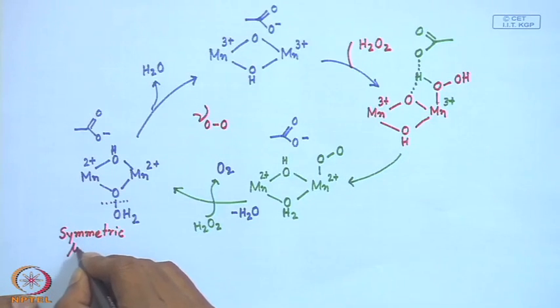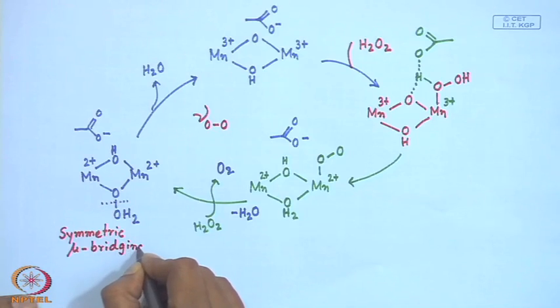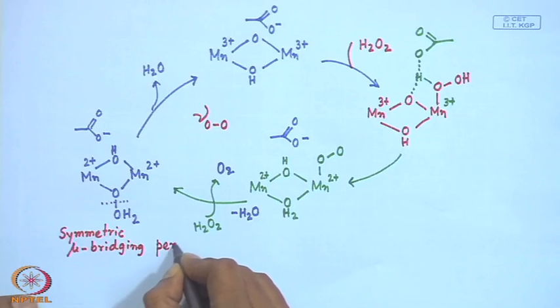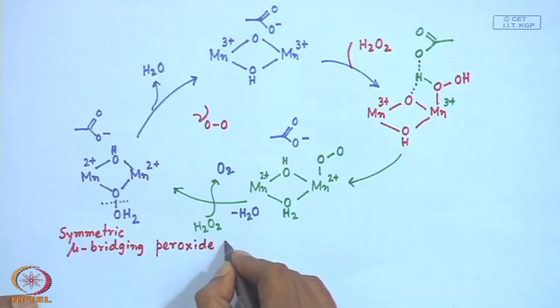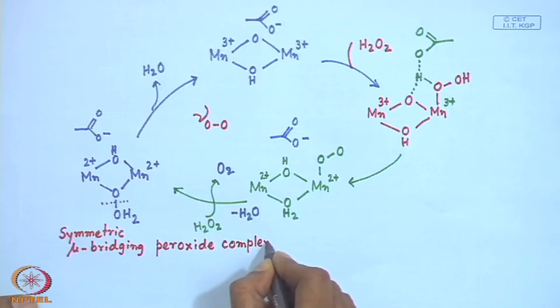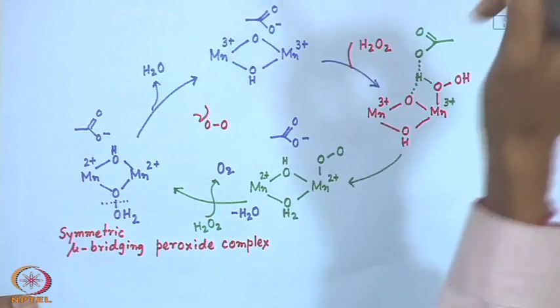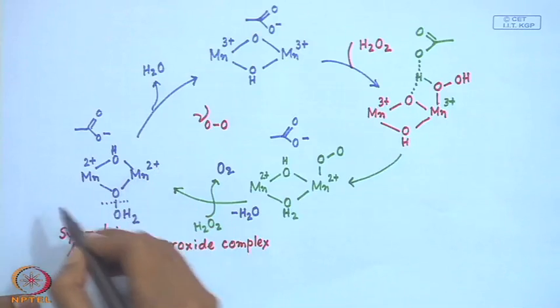So, symmetrical mu bridging is possible there, and we have mu bridging peroxide complex. And at this point, when it is terminally bound to both the manganese, we are activating the OO bond.